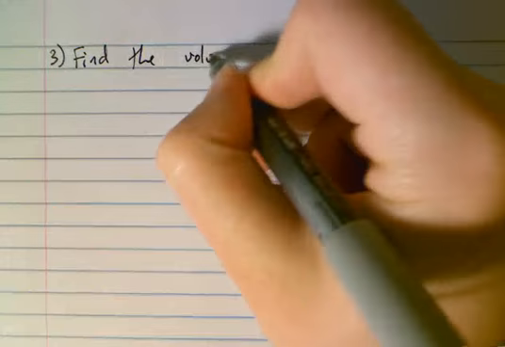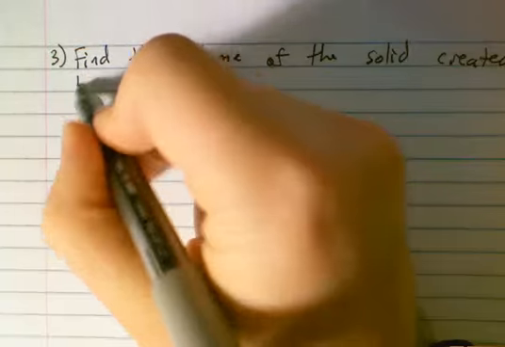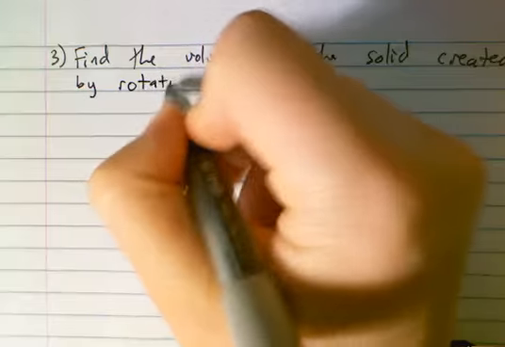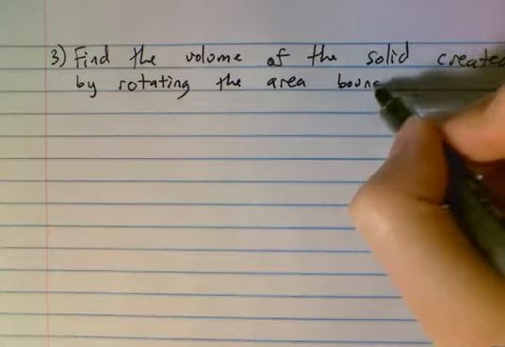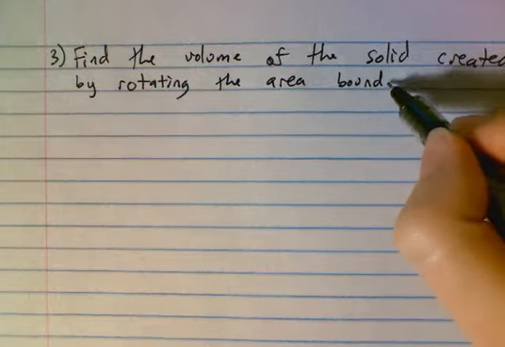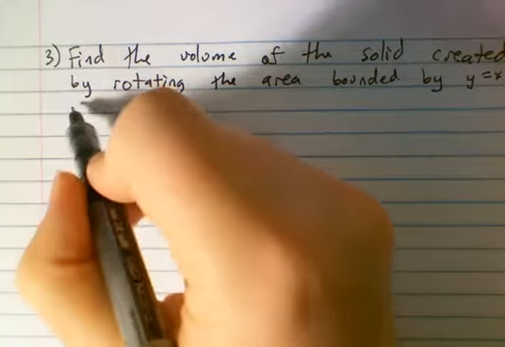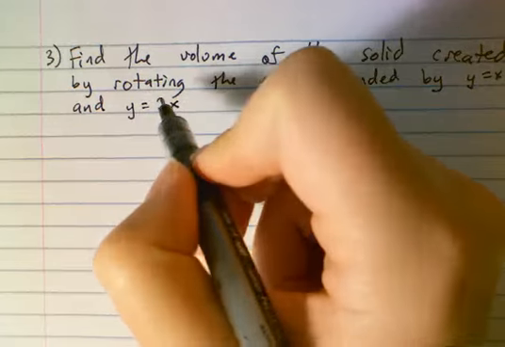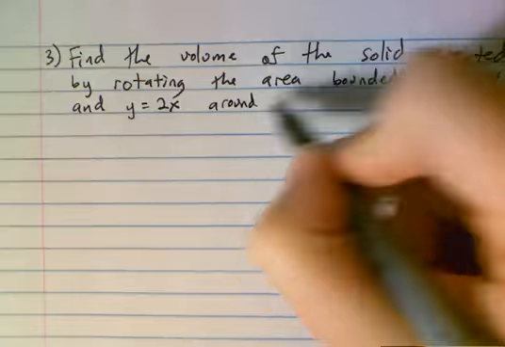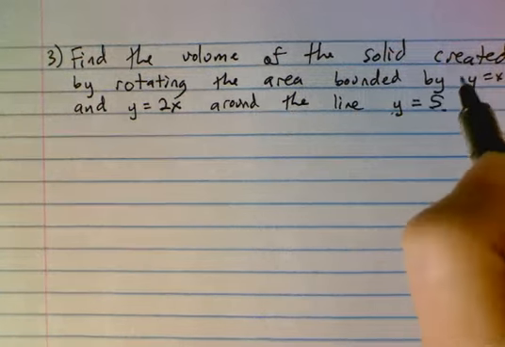Find the volume of the solid created by rotating the area bounded by, and it's going to be the same as we were working with before, y equals x squared, oh, maybe not quite the same, and y equals 2x, around the line y equals 5.